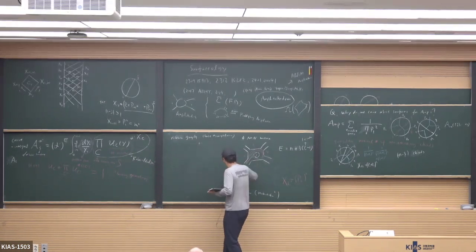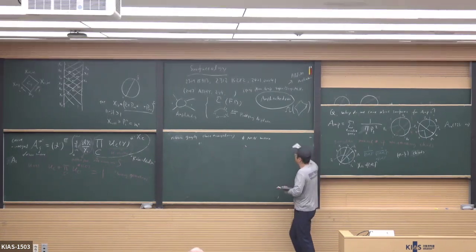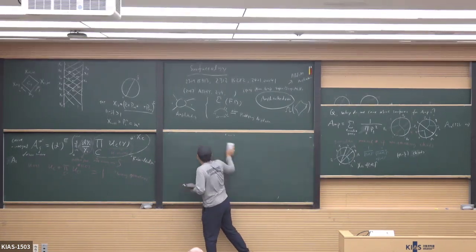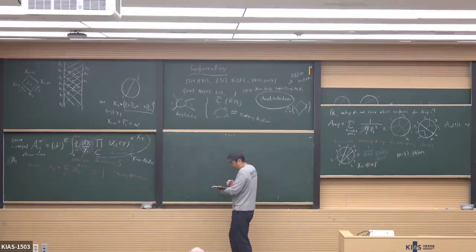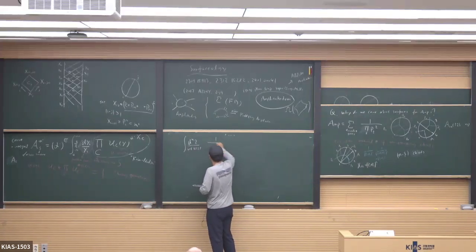So at tree level, this integral was known from the 70s, I think, as the Koba-Nielsen integral. I'm sure you've already heard something similar, but let me just write it down for you.